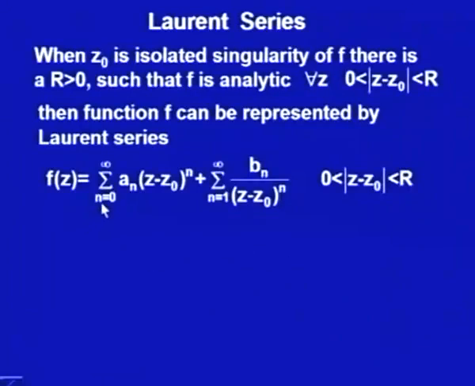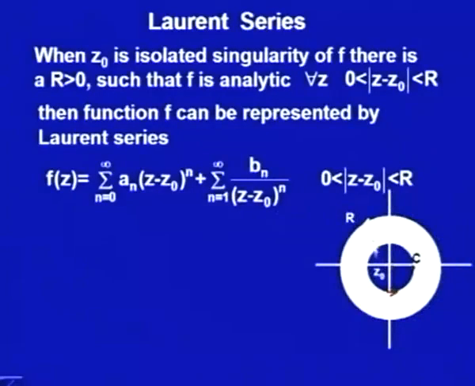What we are saying is, if f of z is analytic, we find that it can be represented by a Taylor series or that power series. If it has an isolated singularity at z naught, then in the disk we could write it as a Laurent series. Laurent series has two kinds of terms. One is the power series terms, another is the terms where we have b n upon z minus z naught to the power n.